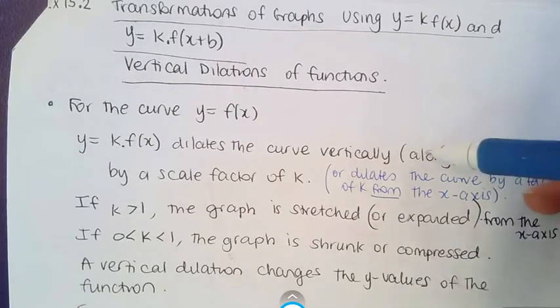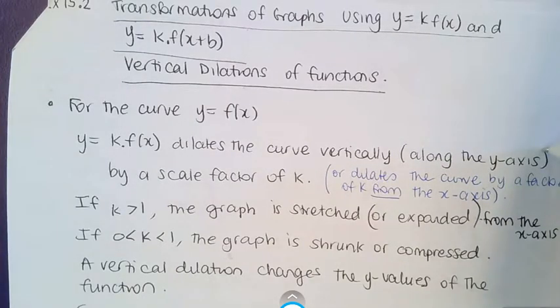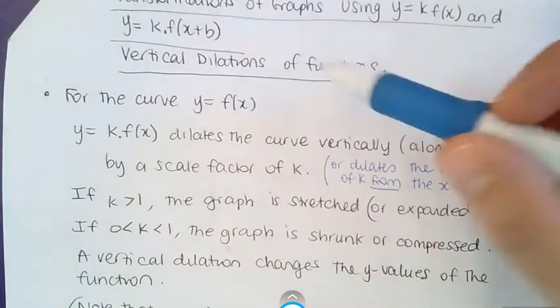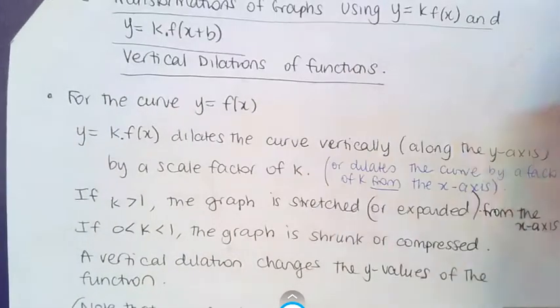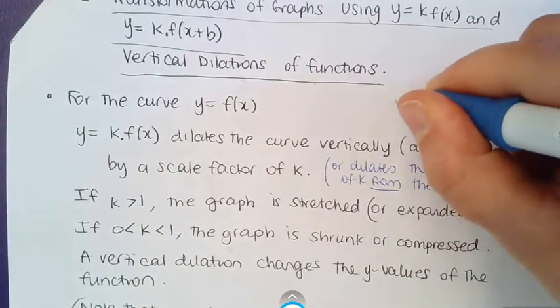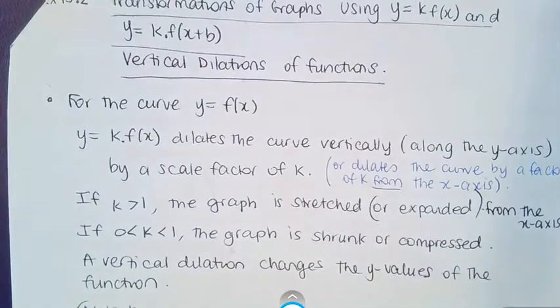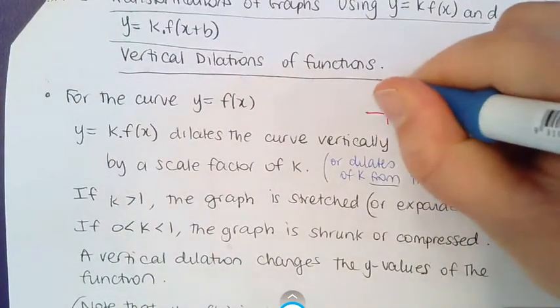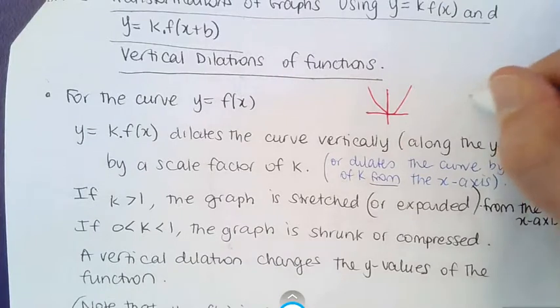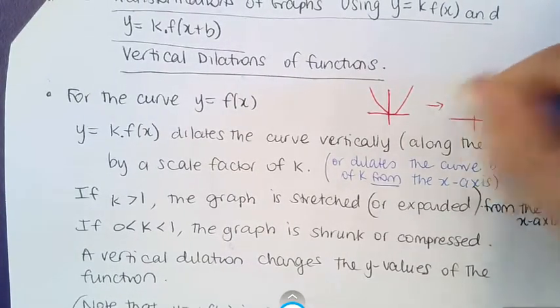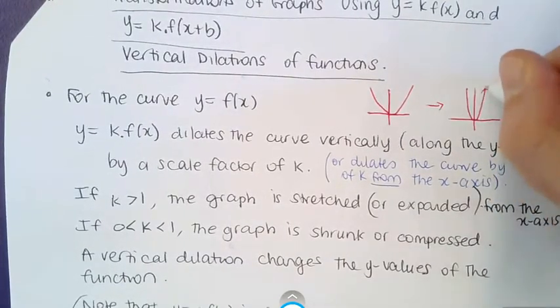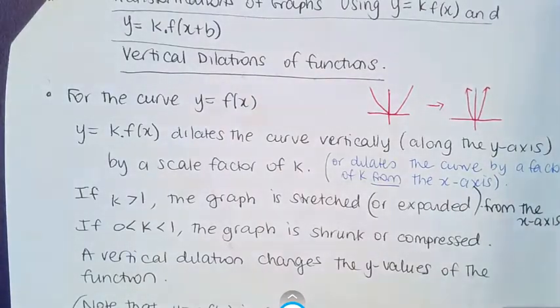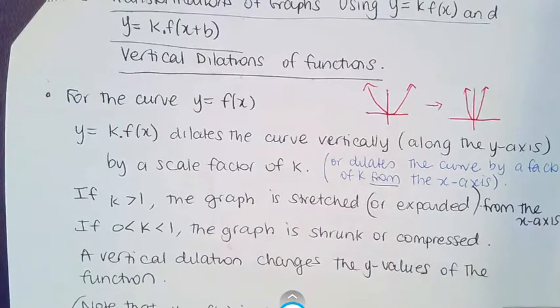So if we say along the y-axis, listening carefully, when I say it dilates the curve vertically along the y-axis, this is like this, for example. It may have looked like that, and now it looks like this. That's what I mean, dilates it vertically along the y-axis.